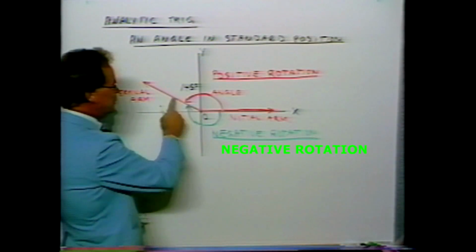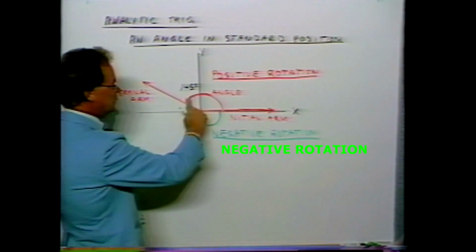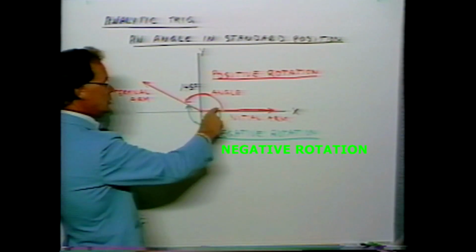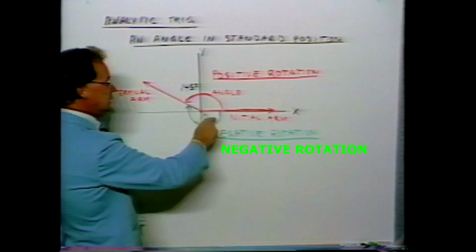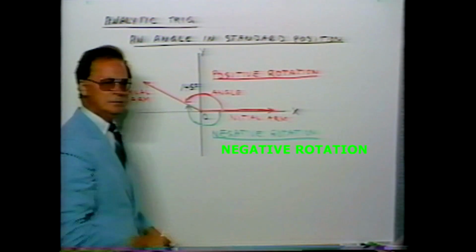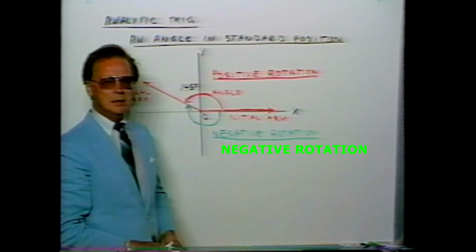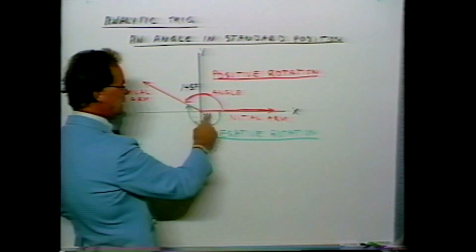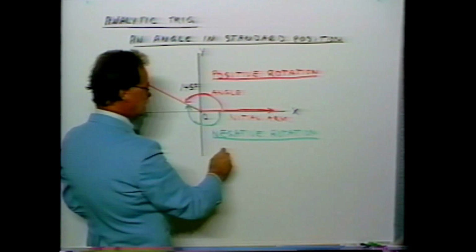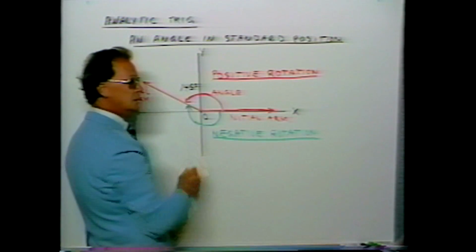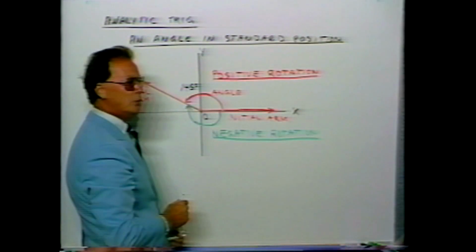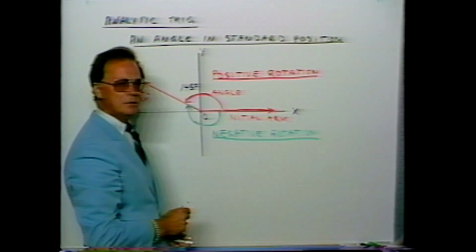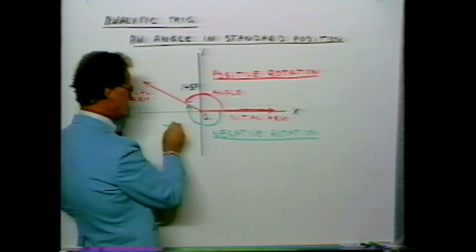Notice that we have two angles, this one in red and this one in green. Since the total number of degrees in a complete circle is equal to 360 degrees, and this is a negative angle, the amount it must be is 360 subtract 145, and that makes it negative 215 degrees.